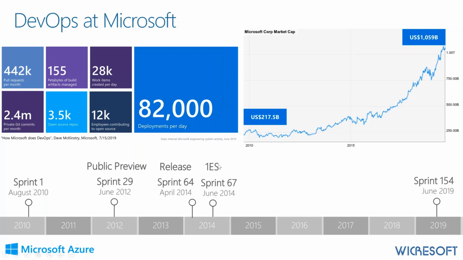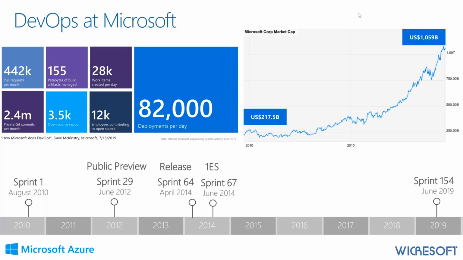That's when the One ES and the common platform, the common code that everyone was going to use, came into being. Since then, you can see the outstanding metrics they have in terms of deployments per day, and in terms of the teams developing on this platform in a DevOps manner.